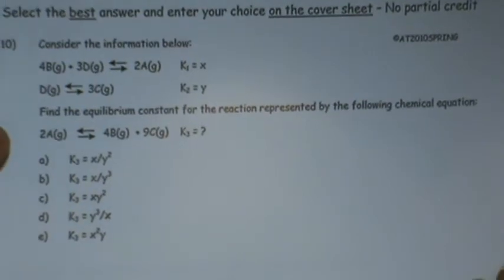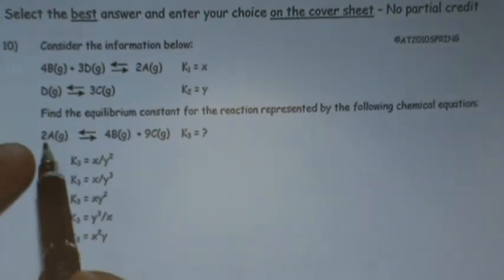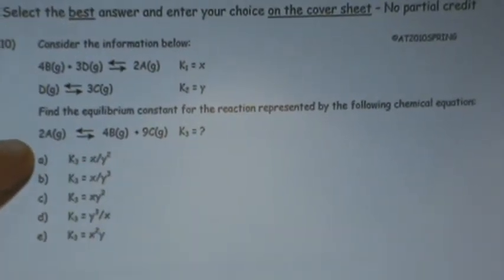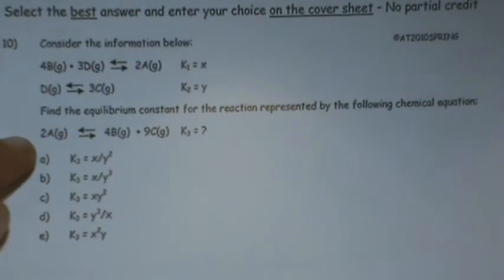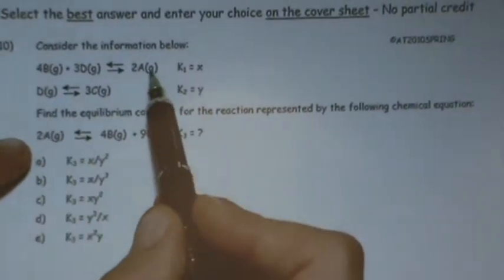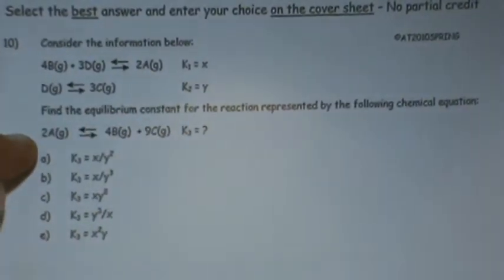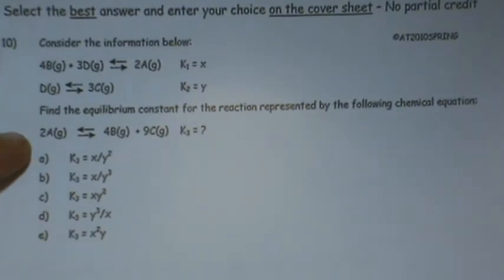So what do you want? You want an equation that has A on the left, B and C on the right. If I add them the way they are, I have A on the right, so there's no way that can happen. So if I want to have 2A on the left, what do I have to do for the first one? You can see that I have to reverse the first one, right?